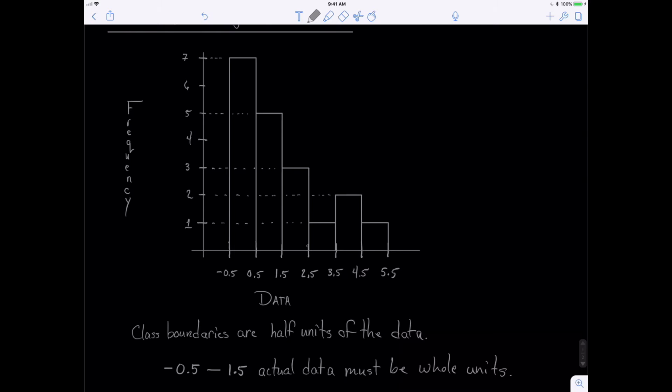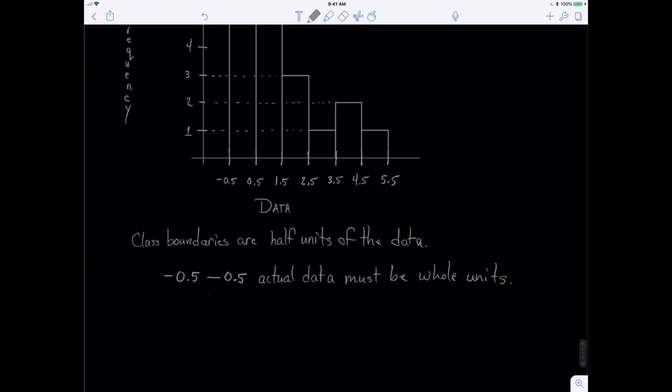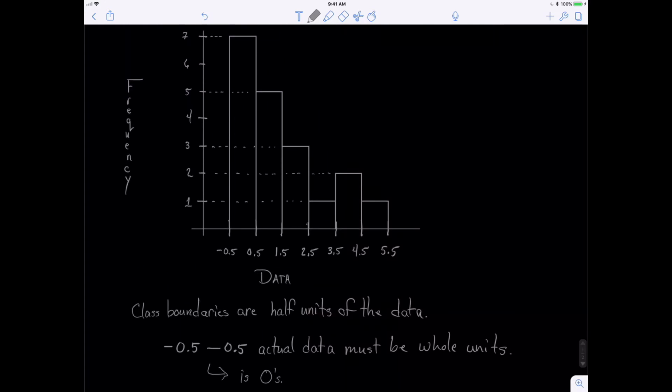So if we're looking at whole numbers between negative a half and positive a half, the only whole number in there is 0. So all of the data in this first class is zeros, and I have 7 zeros.